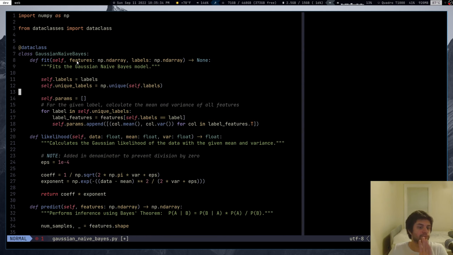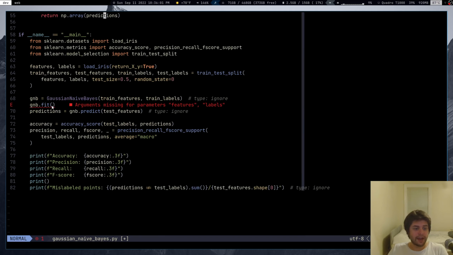So we have features and labels passed directly to the fit method, and this allows us to initialize only self.labels, and to get away with not writing self.features equals features, which would be written for us anyway because we're using data class.